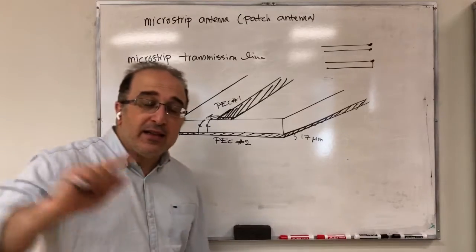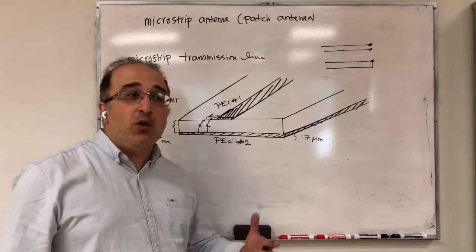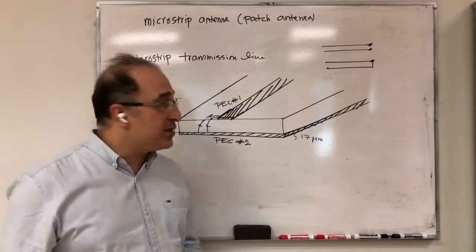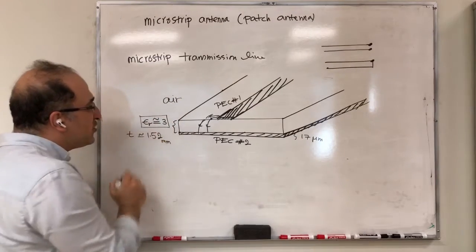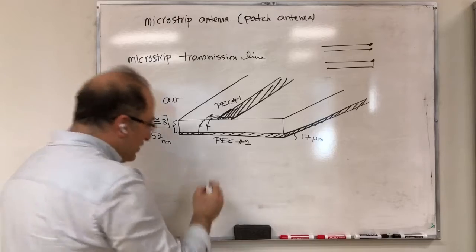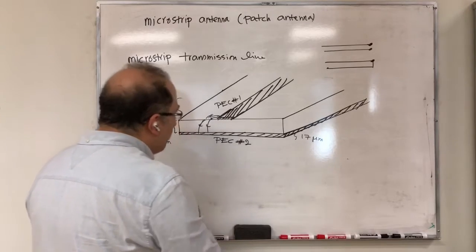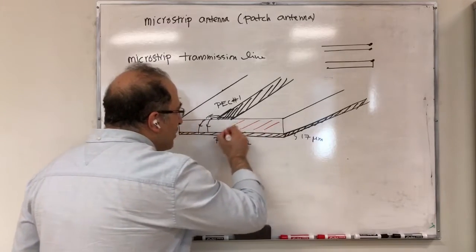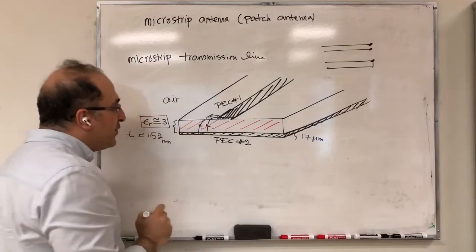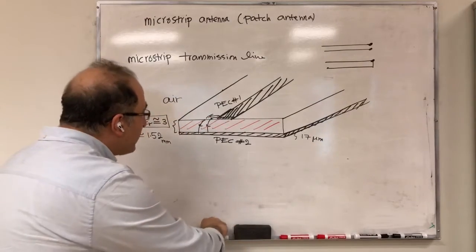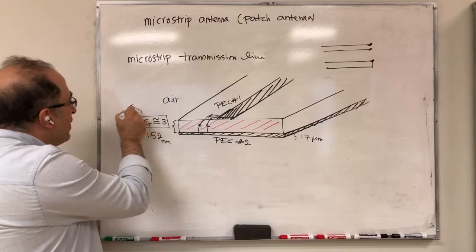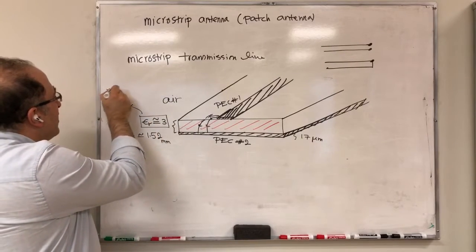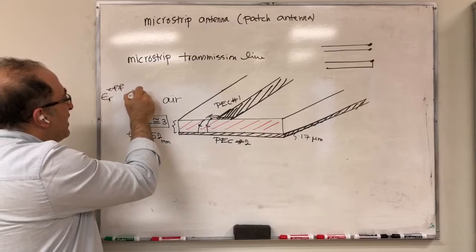That's the reason that later on, we're going to talk about effective permittivity of the substrate. For example, right now the permittivity of the substrate is 3, and 3 means this material that I have, whatever it is, has a permittivity of 3. But if I talk about effective permittivity, maybe I call it epsilon r effective, it would be less than 3.